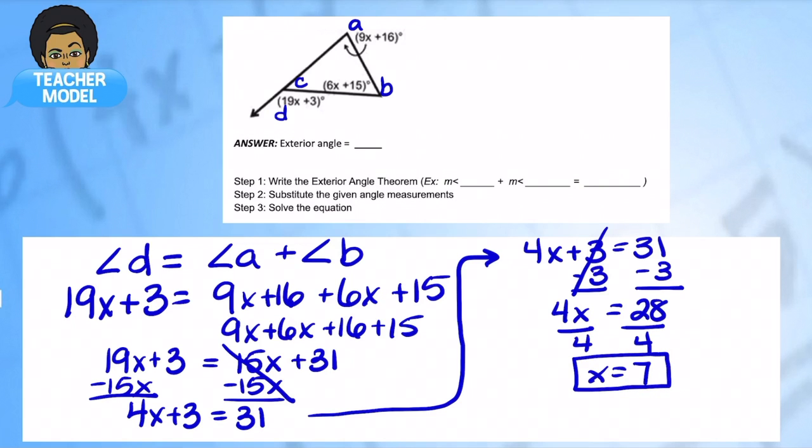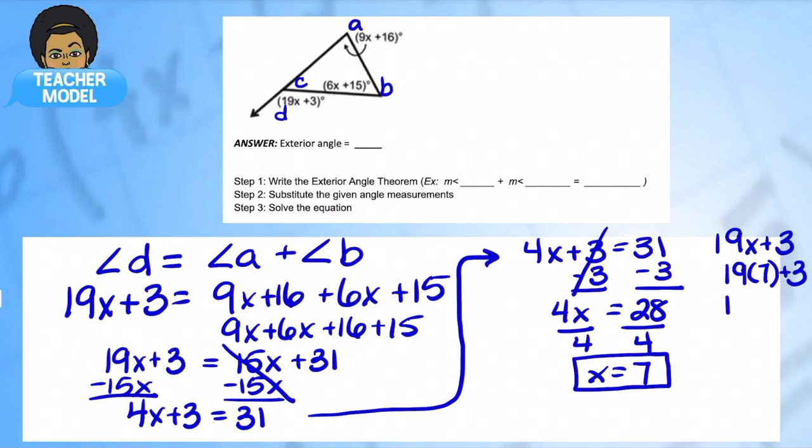This is an x. It is not my interior angle. It is just the x. But now I can use that x to plug in and find out the value of my exterior angle. So I'm going to have 19x plus 3. And now I'm going to substitute 19 times 7 plus 3.